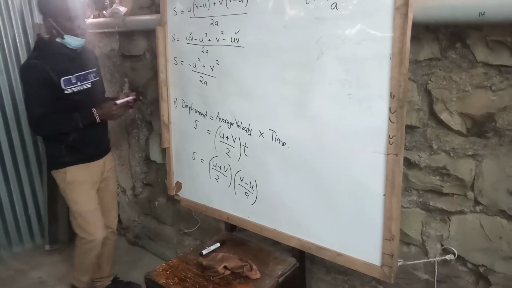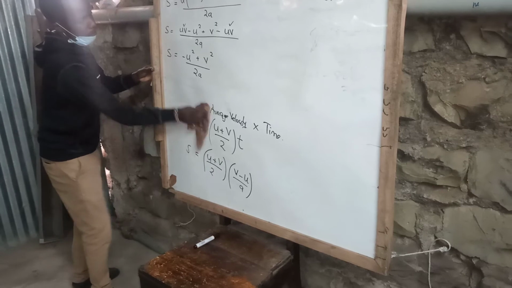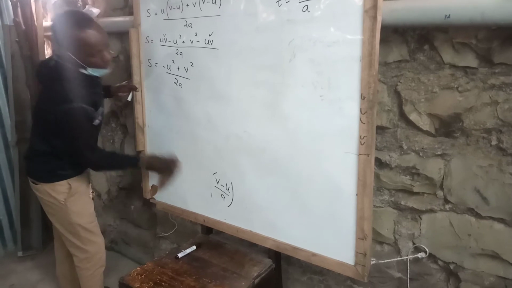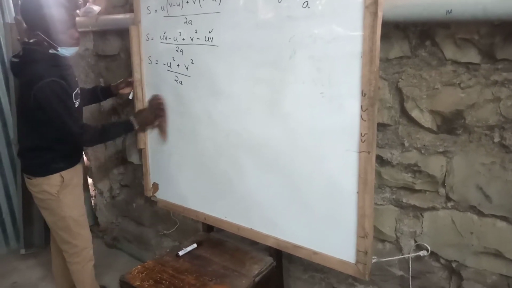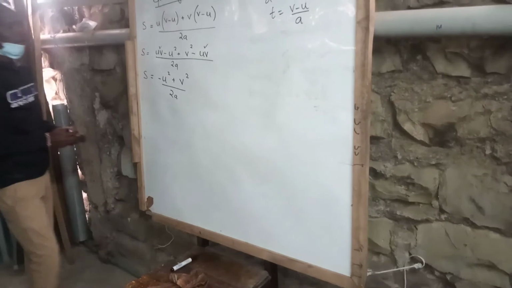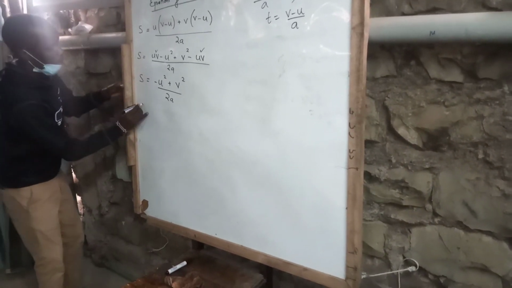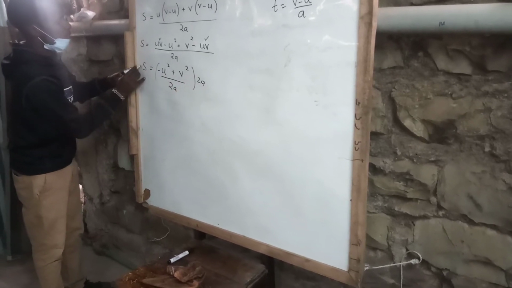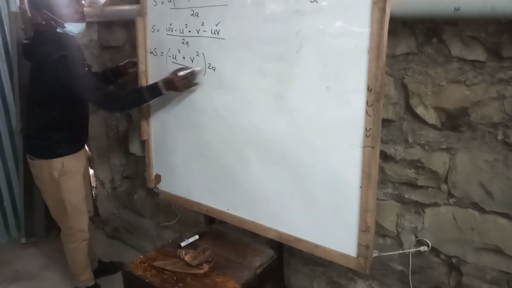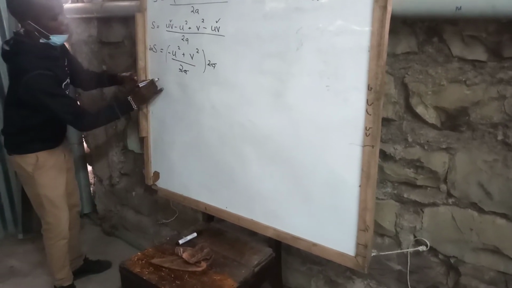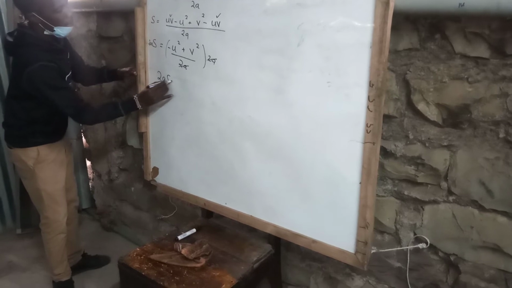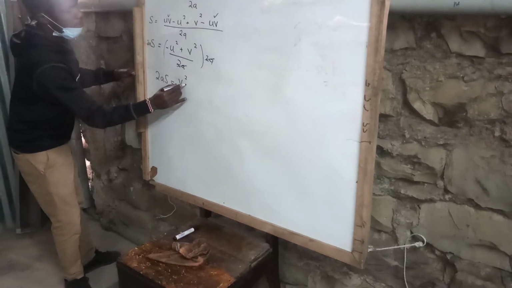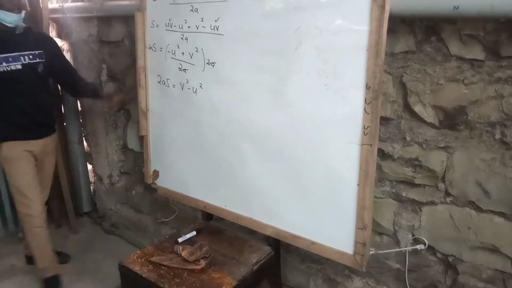Not there yet. We should make v the subject of the formula. So times 2a on both sides. So this one disappears, and the left hand side becomes 2as is equal to negative u squared plus v squared, which can be expressed as v squared minus u squared.